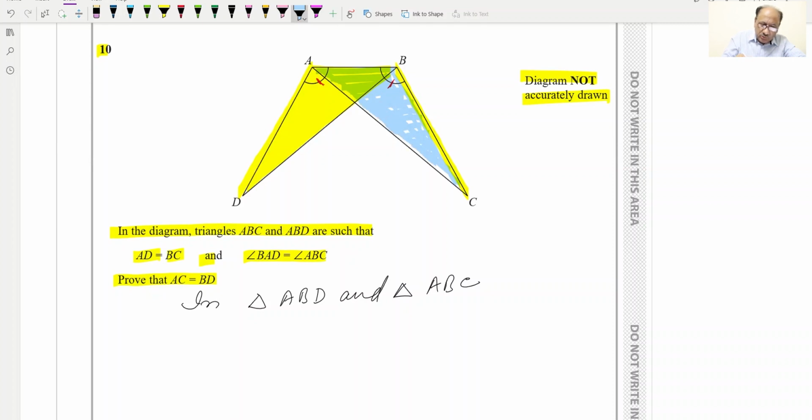Now in these two triangles, there is some information which is already given. AD is equal to BC, and this is given.